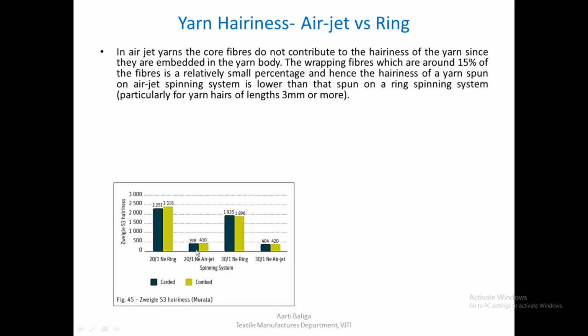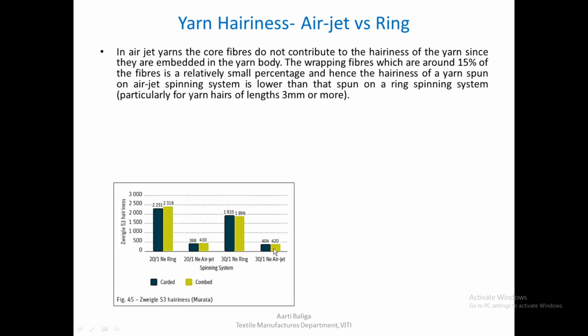Coming to the airjet, the hairiness overall, when you compare for the same count with ring spun, is drastically reduced. Then we come to a finer count, where we see that combing helps here. The hairiness has reduced. That means that even in ring spun yarn, hairiness reduction is seen only if you go for finer counts.